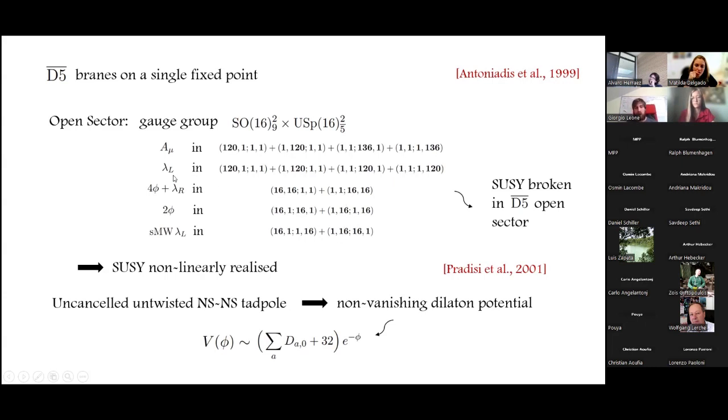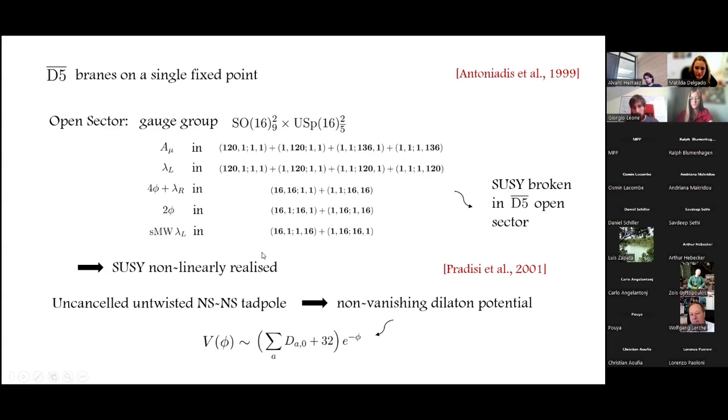As before, we have would-be gauginos that transform into a reducible representation of the gauge group for the anti-D5 branes, and this provides the Goldstino, which reflects the fact that also in this case supersymmetry is broken at the string scale and not linearly realized. This is discussed extensively by Pradisi and Riccioni in 2001.